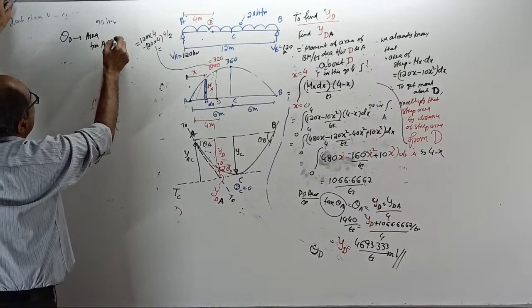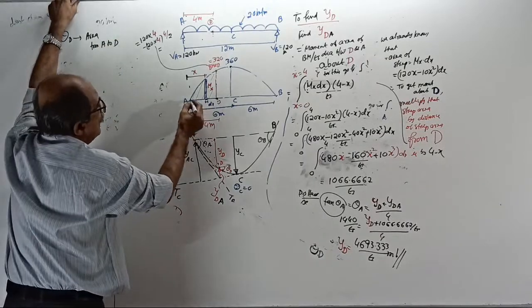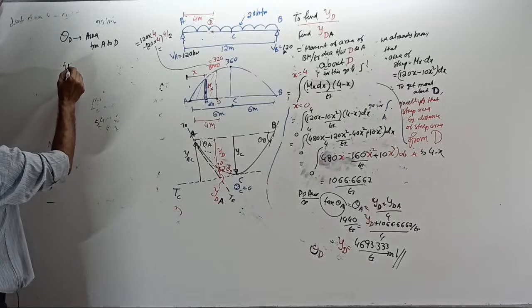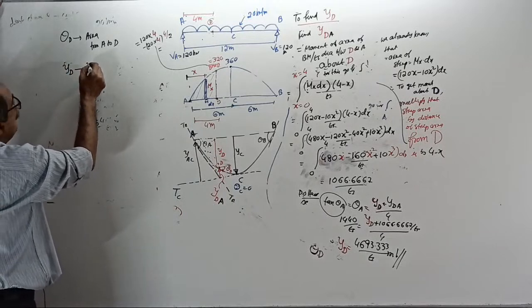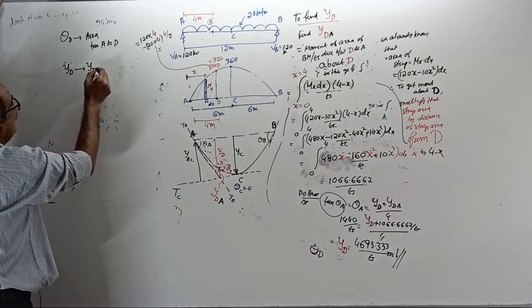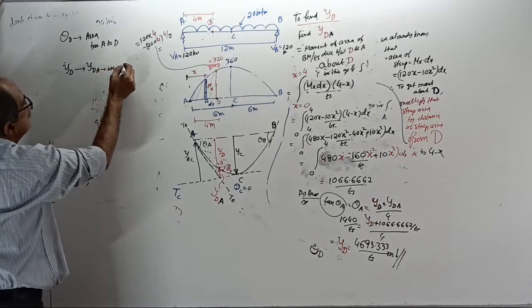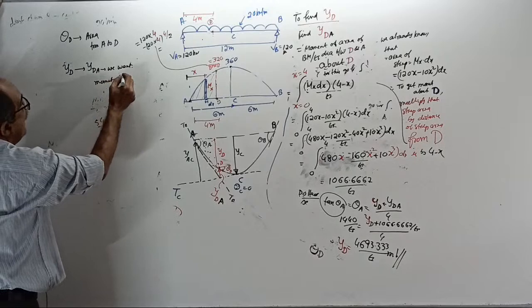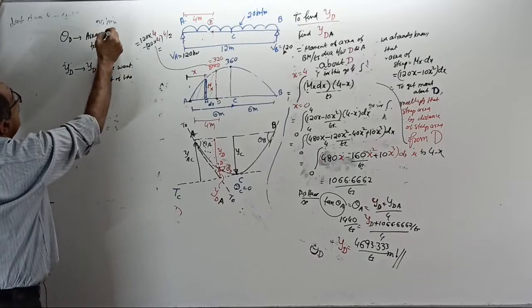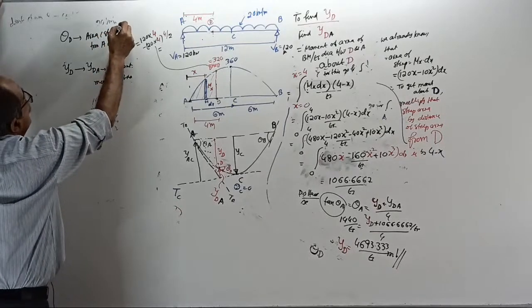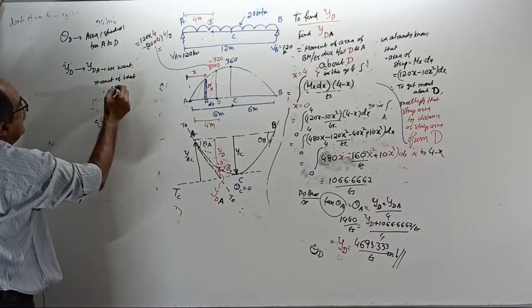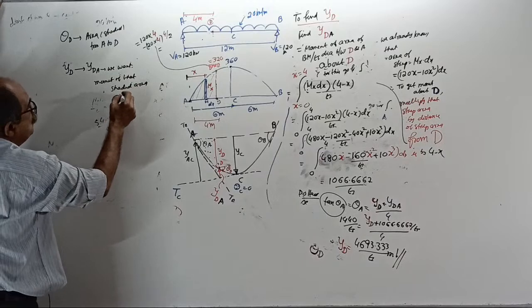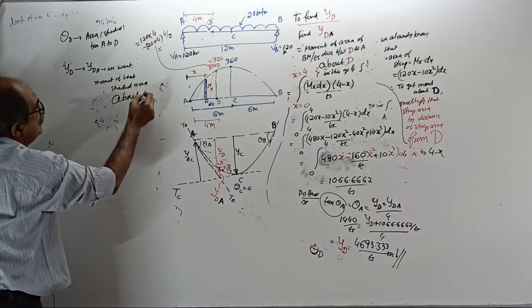A to D. Yes or no. We want the area from A to D. And to get the deflection at D, what do you require? YdA. We want the moment of that area, the shaded area, about which point? About D you want.